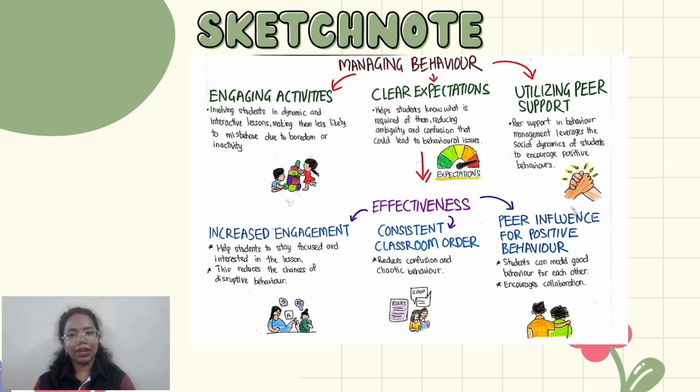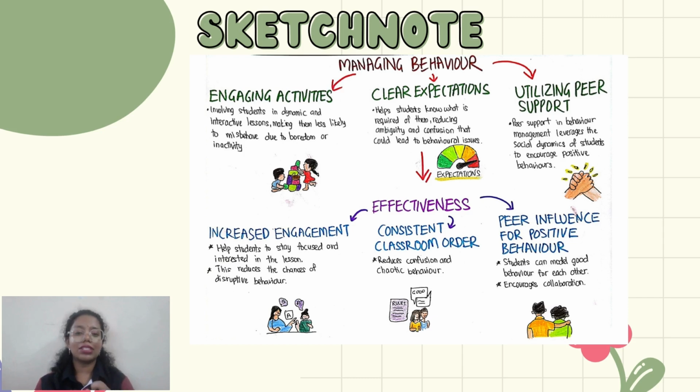Now, the effectiveness of these strategies. By implementing these strategies, we can increase the engagement in the classroom. It helps students to stay focused and interested in the lessons. This reduces the chances of disruptive behavior. Next, consistent classroom order.